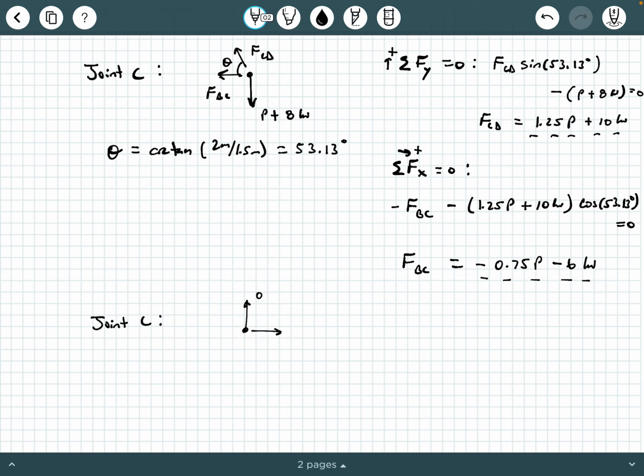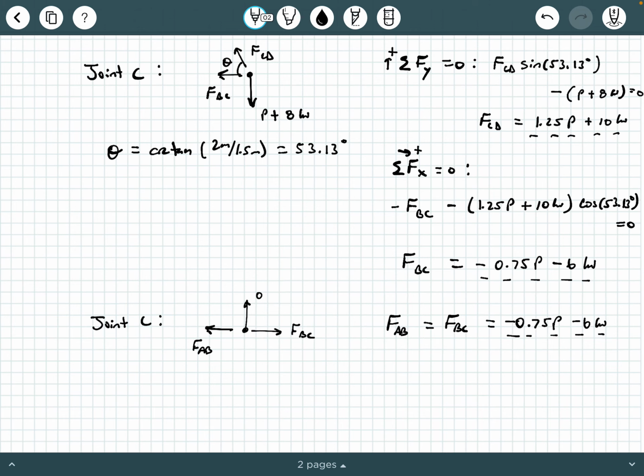We recognize that this was FBC, and this force over here is FAB. And so just by observation, we know that FAB should be equal to FBC, which is negative 0.75 P minus 6 kilonewtons, okay? So that's FAB.